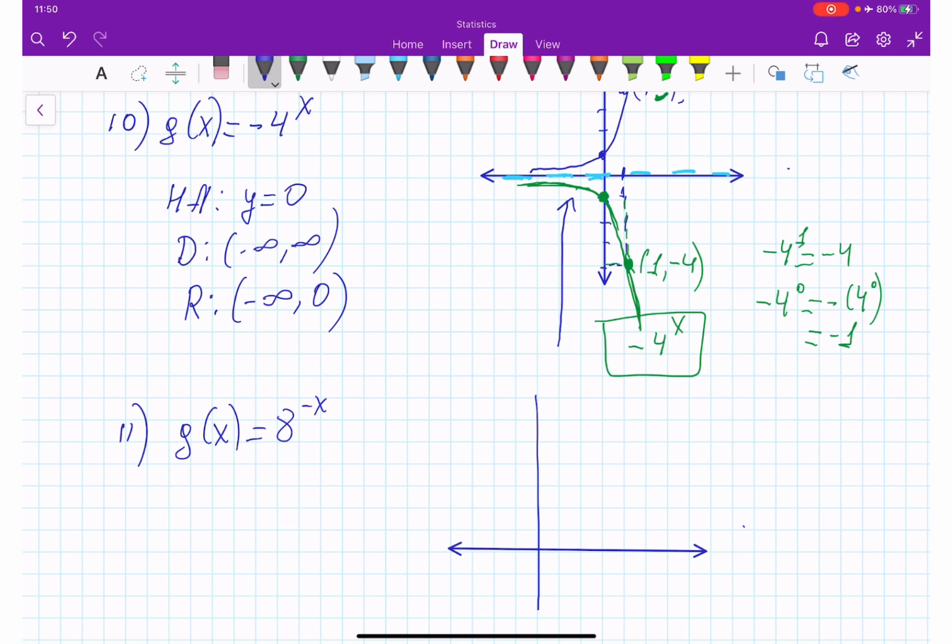This is 2, so we are going to go 8, right? So this is going to be negative 1 instead of positive 1, and go by 8. 1, 2, 3, 4, 5, 6, 7, 8. All right? This is our 8.